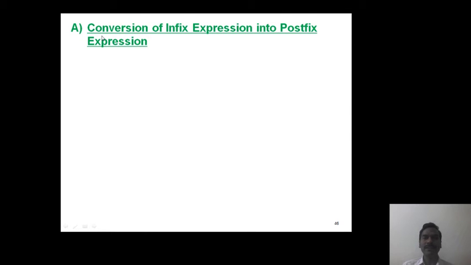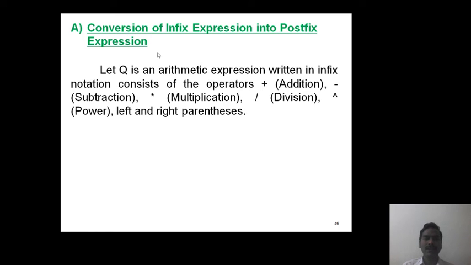Now observe stage 1, the way of converting the given infix expression into a postfix expression. Let Q be an arithmetic expression written in infix format that consists of the operators plus for addition, minus for subtraction, asterisk for multiplication, forward slash for division and cap symbol for power.